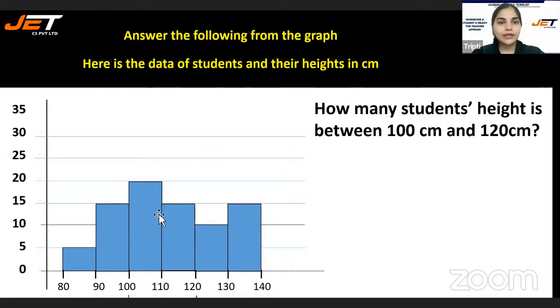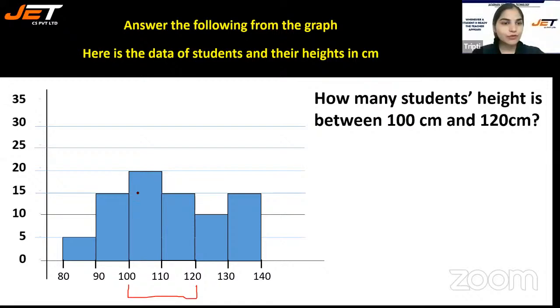So over here, 100 to 120. From 100 to 110, it's 20. And 110 to 120, it's 15. So 20 plus 15 is 35. 35 is the answer.